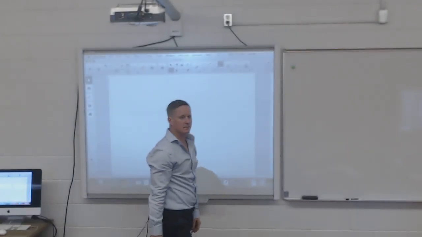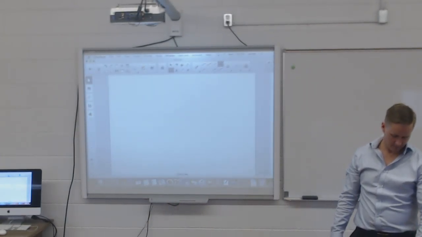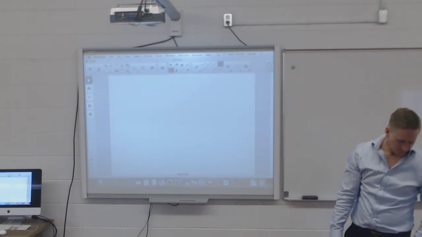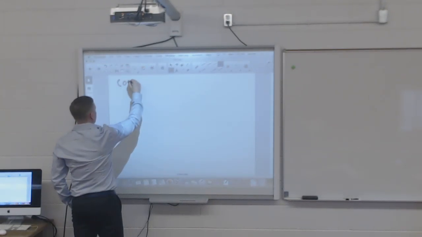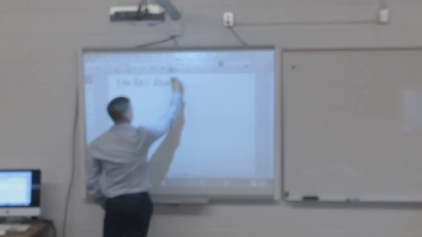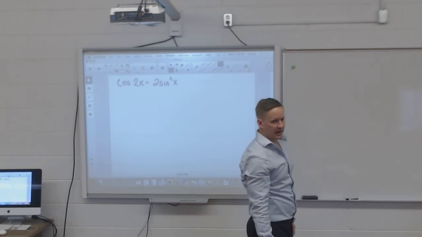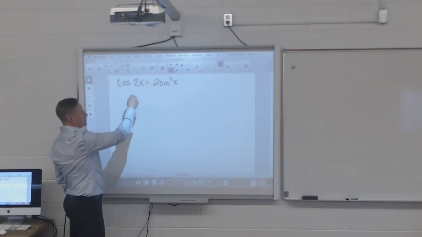All right, anybody else? Page 219, 4D. Right now I have a double angle on this side, and a single angle on that side. So we want to make them the same. Let's make them both singles. So I need to change cos 2x.